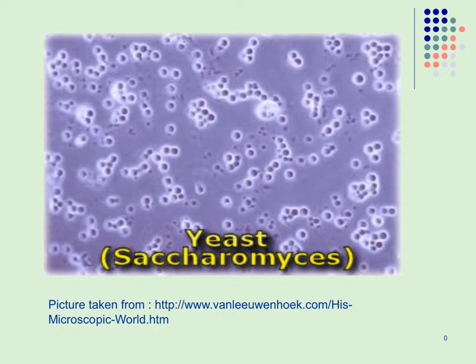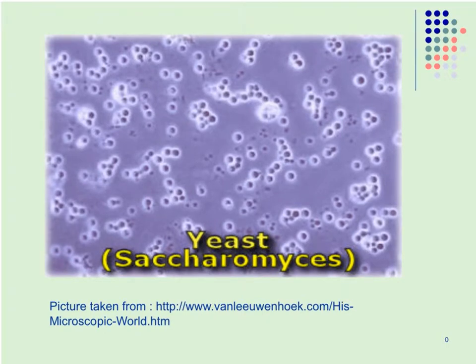Notice they are single-celled organisms. Each of these would be a cell that you would see. Other organisms are what we call multicellular, which means that they are made up of multiple cells, and we would be an example of an organism that is made up of many different cells.